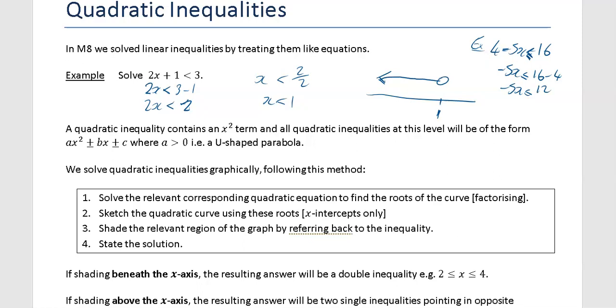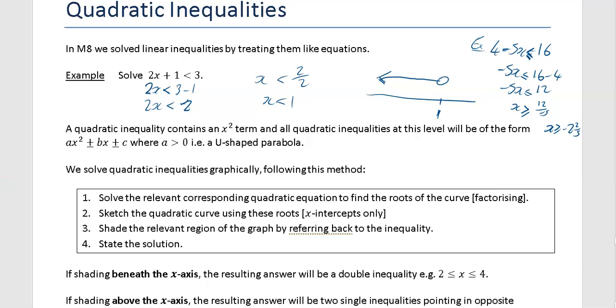Then you divide across by the minus 5, so you'll have 12 over minus 5. If you multiply or divide across by a negative, as I've just done, you must also change the direction of the inequality. So that would become x is greater than or equal to minus 2 and 2/5.